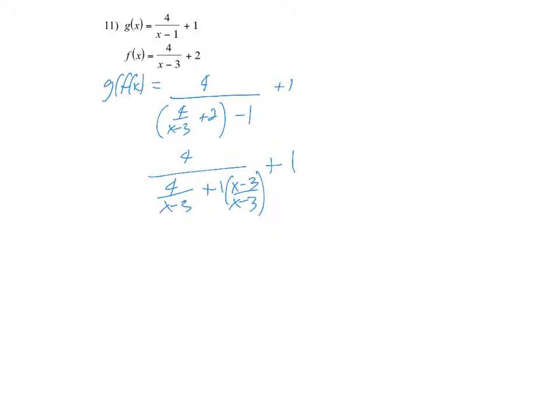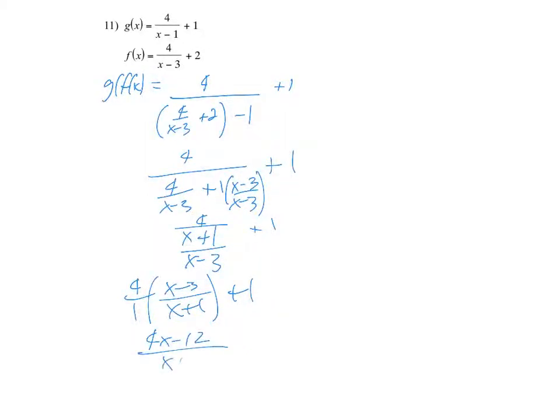So 4 plus x minus 3 over x minus 3 is going to give us x plus 1 over x minus 3. That's just the denominator, and we still have 4, and we have plus 1. So now what? Flip it and multiply. Flip this fraction. So 4 over 1 times x minus 3 over x plus 1, plus 1. Distributing here, we get 4x minus 12 over x plus 1, plus 1.